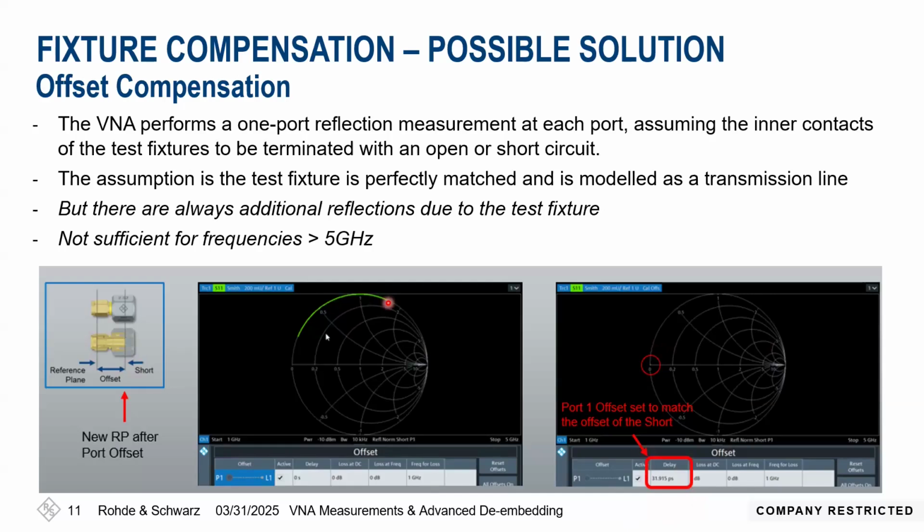So this is one of the basic tools for de-embedding. The thing is that this tool usually works well up to 5 or 6 gigahertz. Above that, the results are not too accurate.